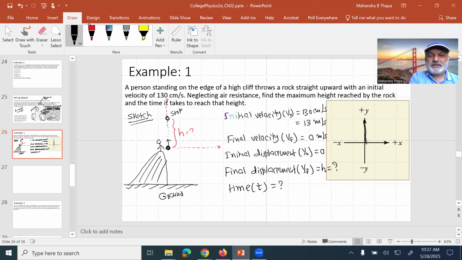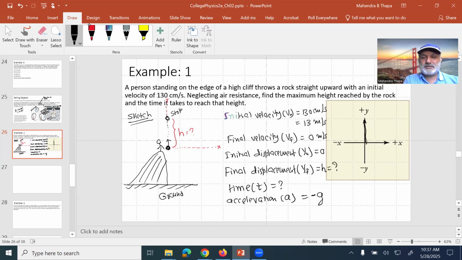Okay, so here the acceleration is a equals acceleration due to gravity, but it will be minus. The minus is because in our coordinate system, I'm assuming upward is positive, downward is negative. So acceleration due to gravity is vertically downward, so it is minus.